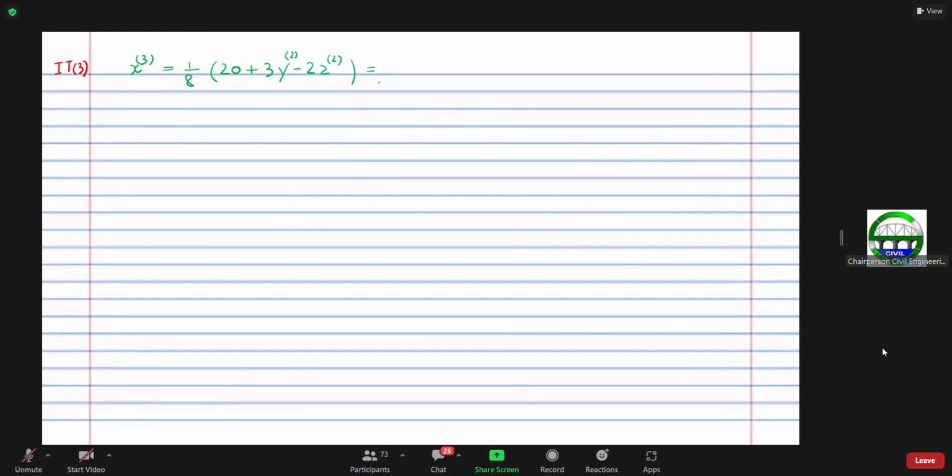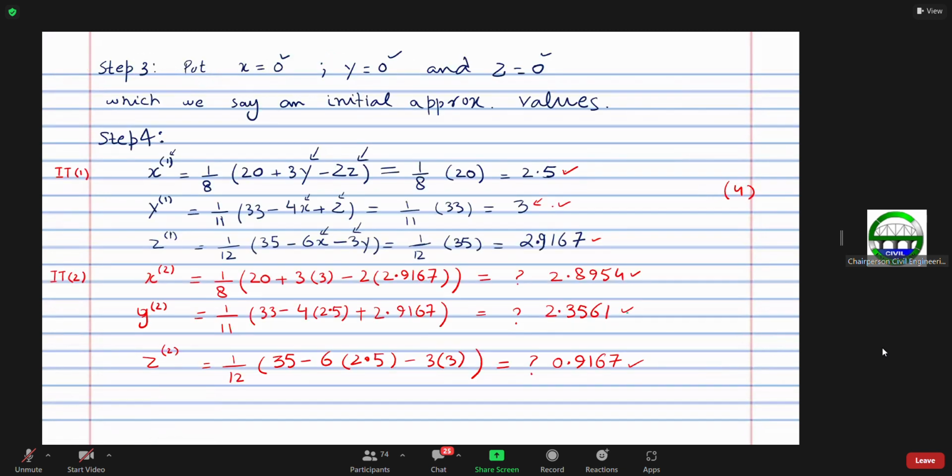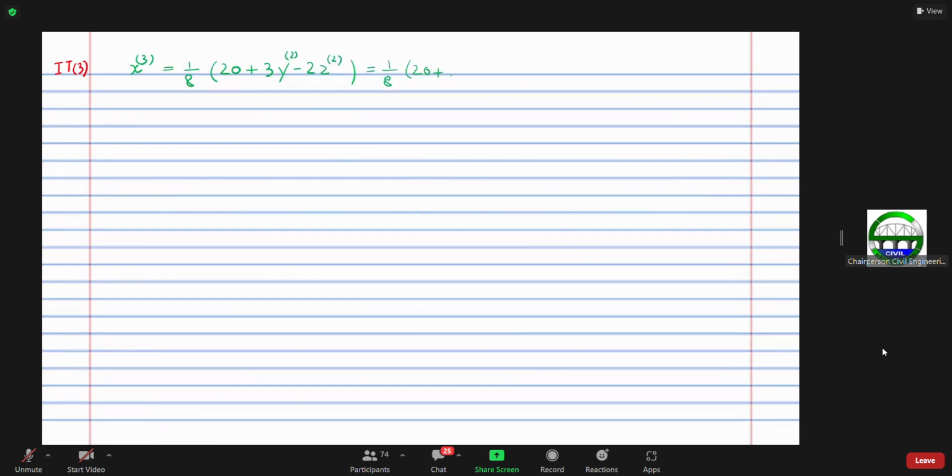So in here, I will write 1 over 8, 20 plus 3 into y. What is the value of y in the second iteration? This one. Okay. So 20 plus 3 into y2.